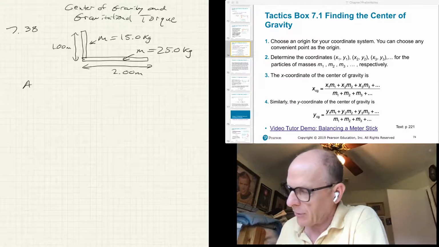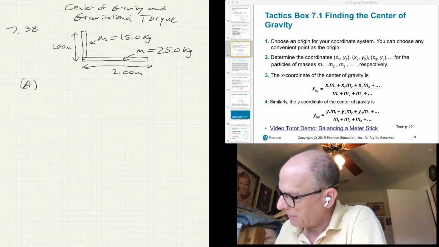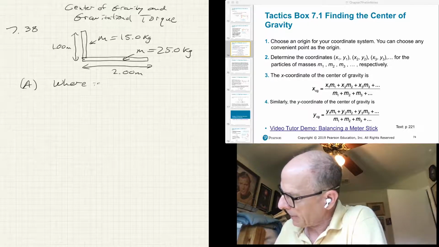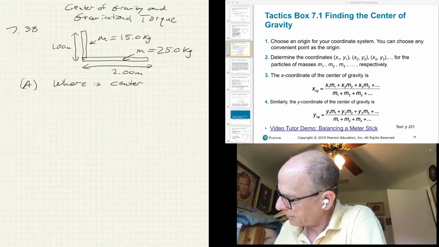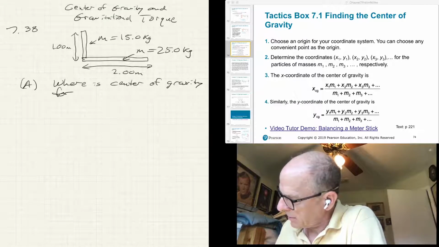And the first part of the question is, what is the center of gravity for the two beams together? Where is the center of gravity for these two beams?